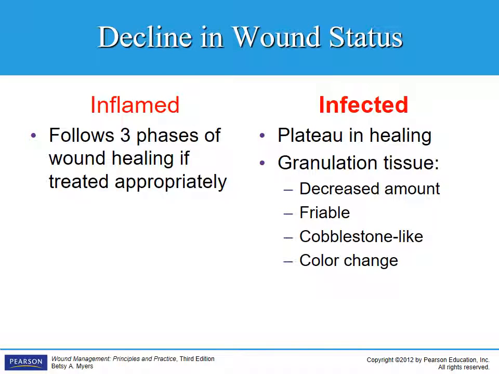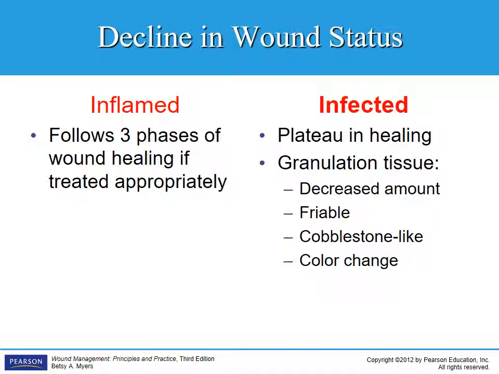All right, so the decline in wound status: if it's inflamed, it's going to follow the 3 phases of wound healing, just as we've talked about. If it's infected, you're going to see that wound healing stop. There's going to be a plateau. You're going to see a decreased amount of granulation tissue.